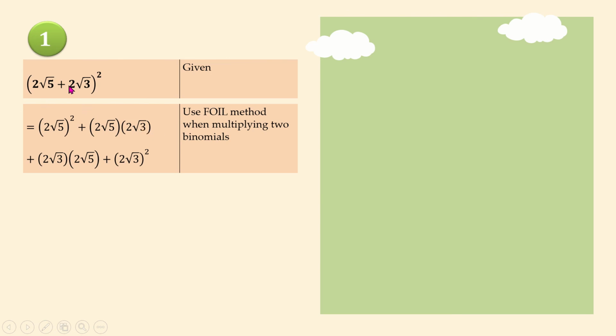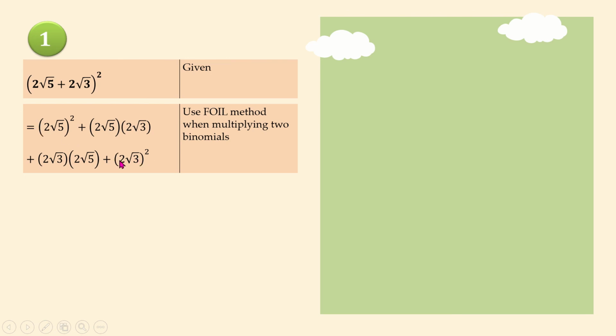Next, after the first term and outer, the inner. The inner is 2 square root of 3 times the first term, which is also 2 square root of 5. Then the last term, 2 square root of 3 times 2 square root of 3, so the square of 2 square root of 3.